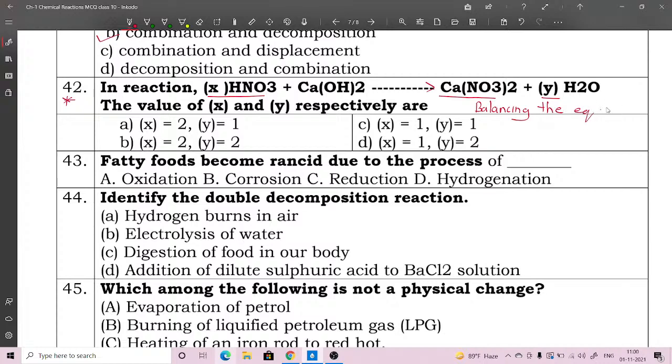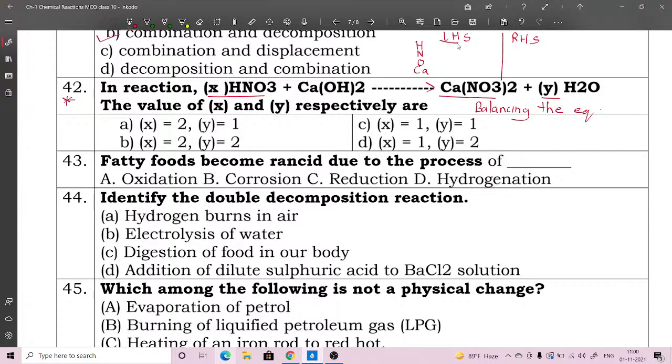We have solved our previous examples, and let us check the correct options for this. Before that, let us write hydrogen, nitrogen, oxygen and calcium. Let us make two columns, left hand side and right hand side.